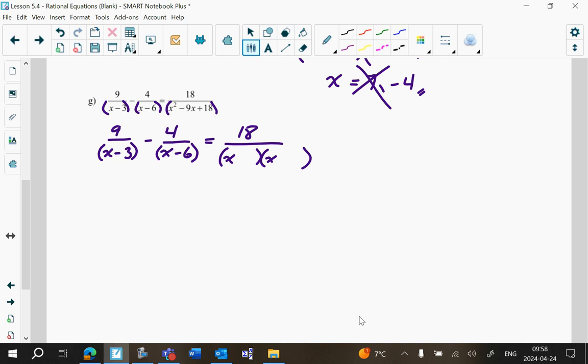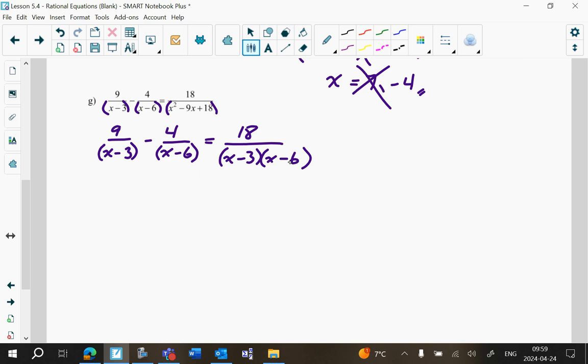Two numbers that multiply to positive 18, but add to negative 9. Minus 3, minus 6, which just happen to be the other denominators. That happens a lot.